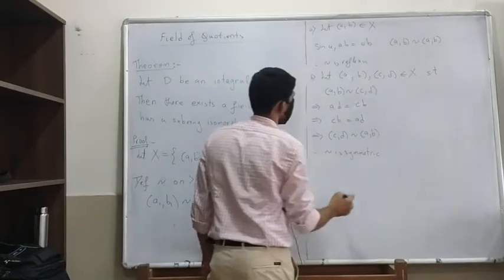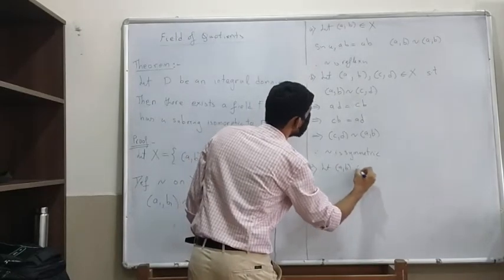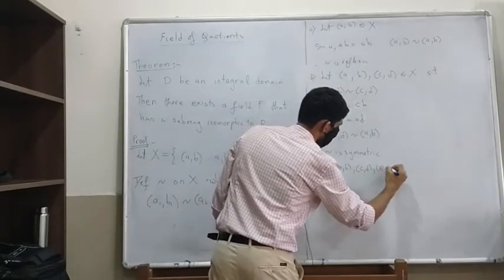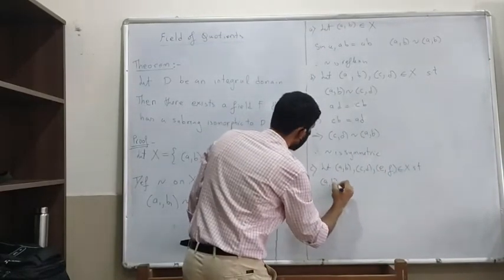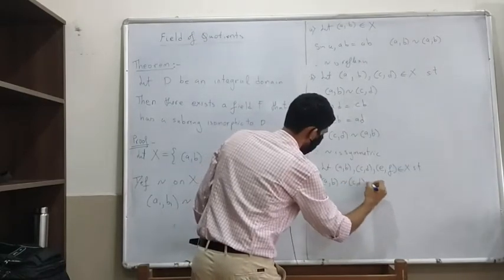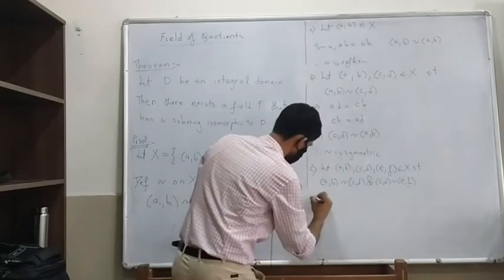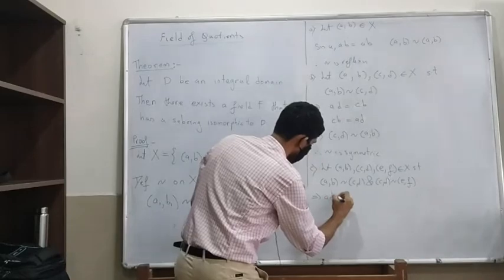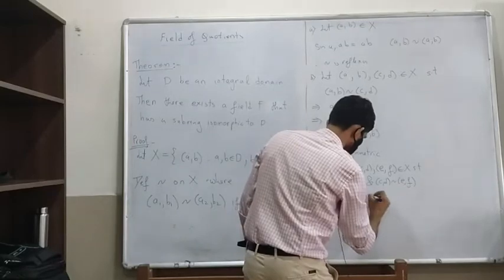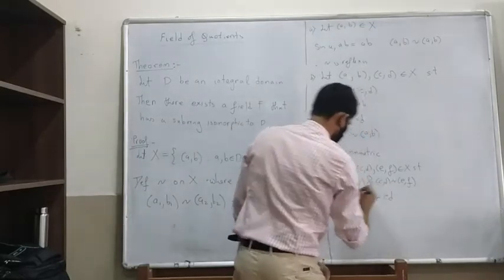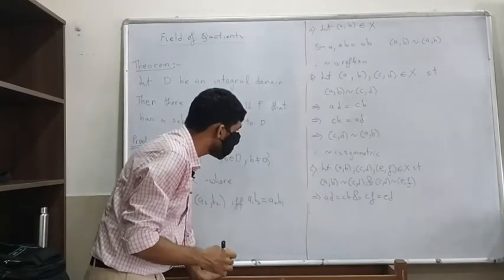And why is it transitive? Take (a, b), (c, d), (e, f) belonging to X such that (a, b) is related to (c, d) and (c, d) is related to (e, f). What does this mean? This means that ad equals cb, and cf equals ed.